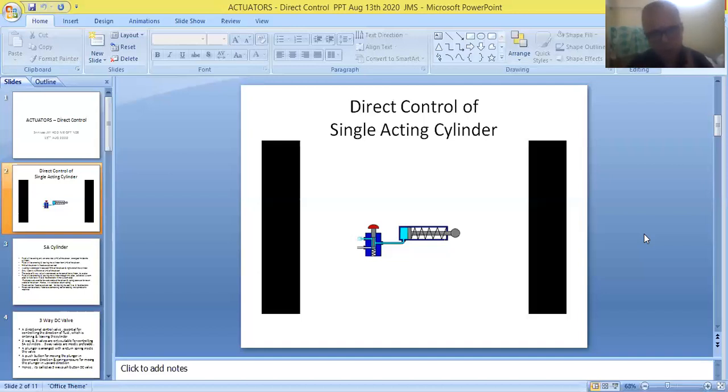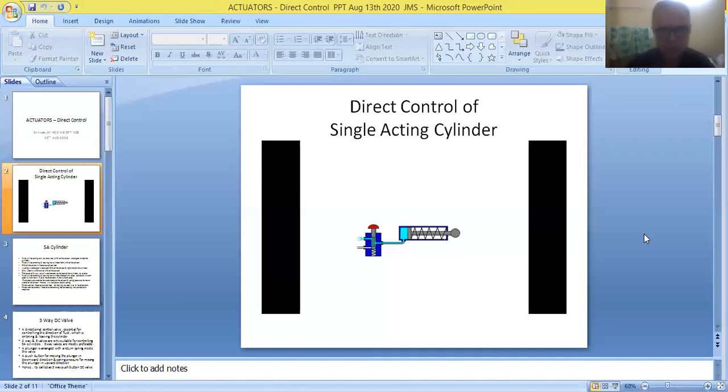So one port is sufficient on the left-hand side of the piston for supplying fluid into the cylinder during the forward stroke, and also for receiving fluid from the cylinder during the return stroke of the piston.